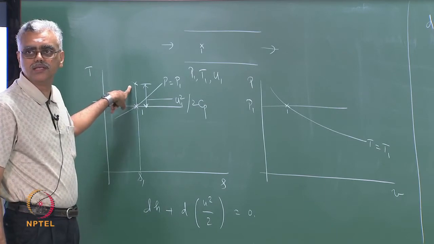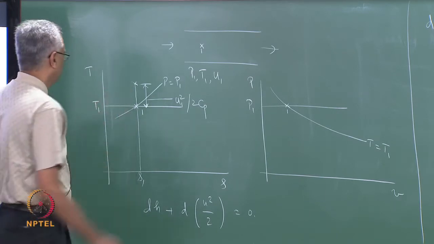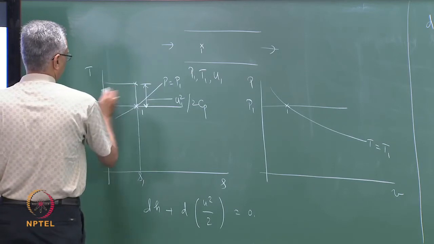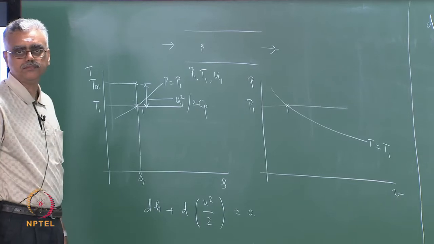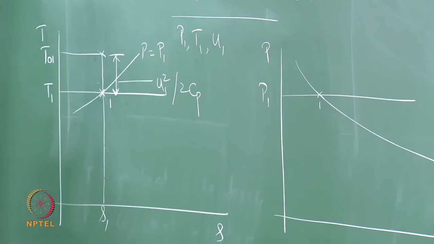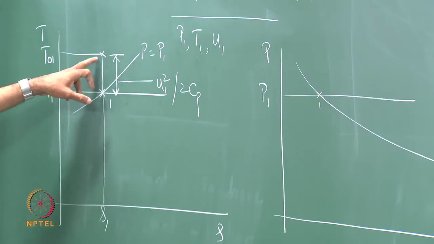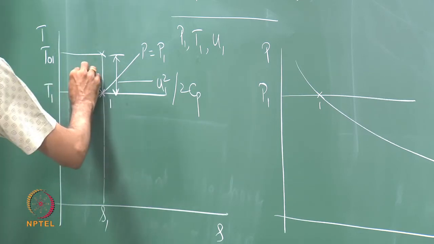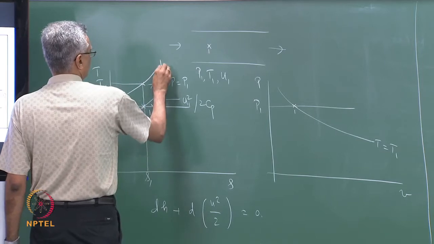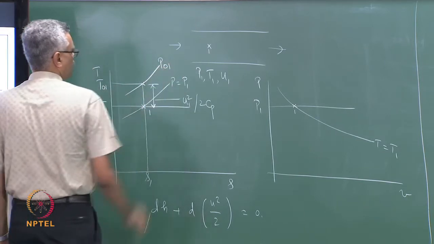This is nothing but the stagnation temperature of the flow. So, if I draw a horizontal line like this, that would be T0,1. And if I draw the isobar that passes through this point, that would be P01.